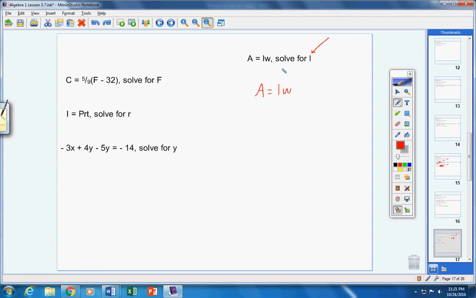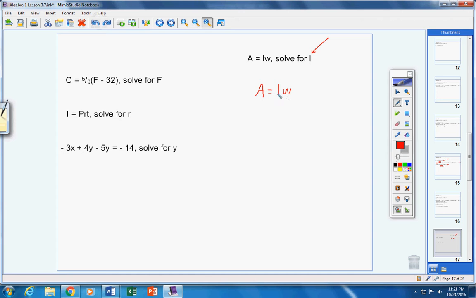Now what variable do I want to isolate? L. So if I want to isolate the L, what do I need to get rid of? W. Now you've learned you cannot rip a term apart and bring the W over and make it negative like this. When you move something from side to side, you have to move whole terms. So you know you can't do that. Well, we're going to divide.